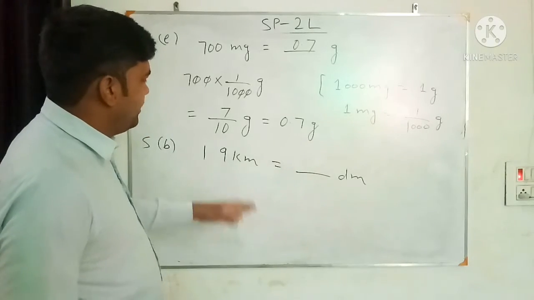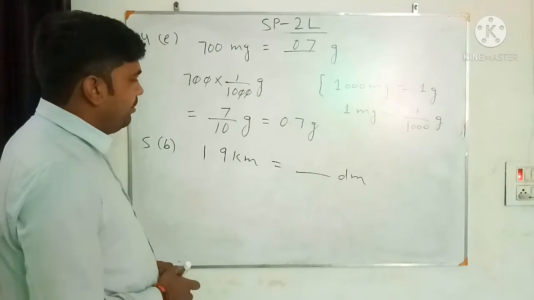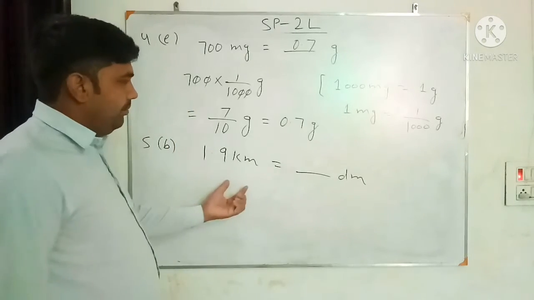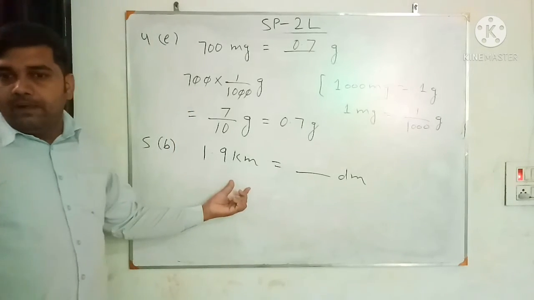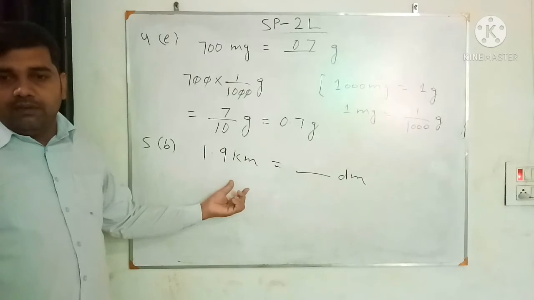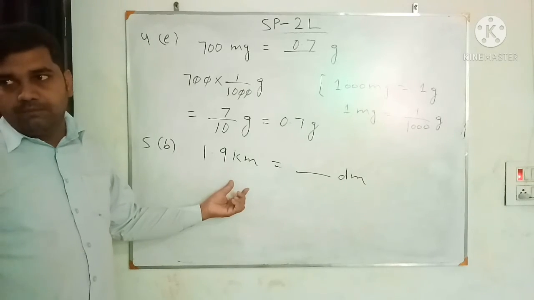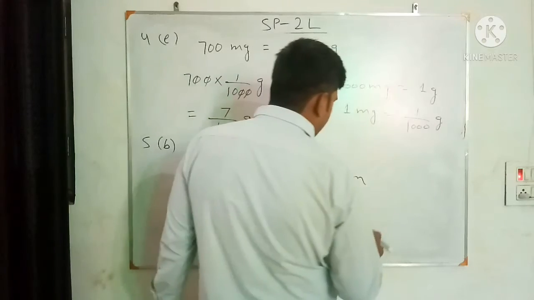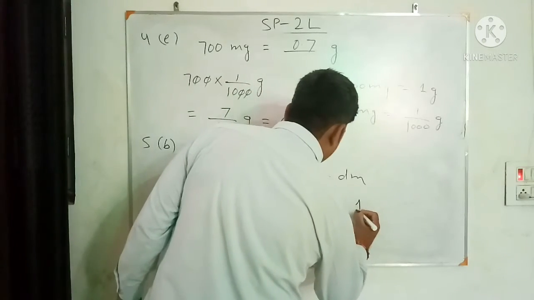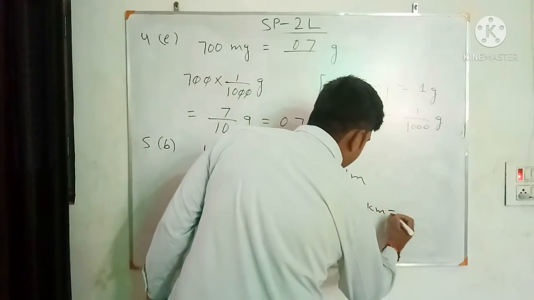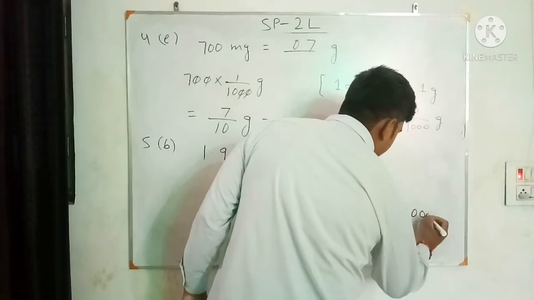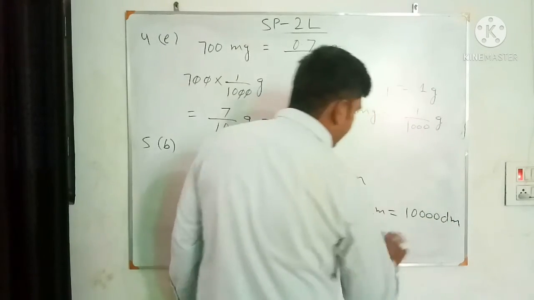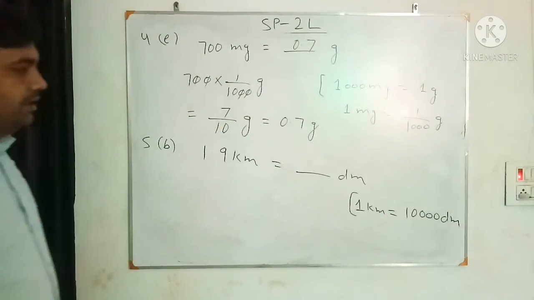How do we reach the kilometer to decimeter relation? 1 kilometer equals 10,000 decimeter, because 1 kilometer equals 1000 meter and 1 meter equals 10 decimeter. So 1000 into 10 is 10,000. So we have the relation that 1 kilometer equals 10,000 decimeter.